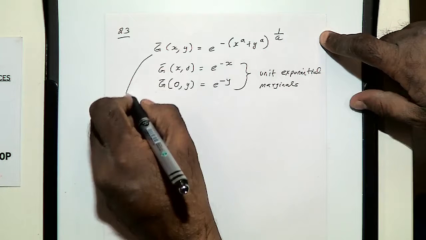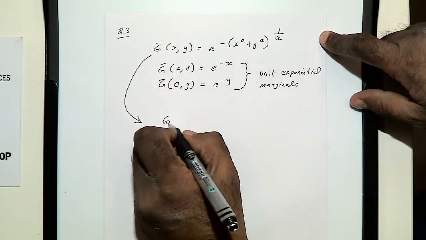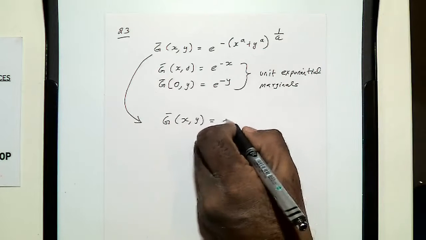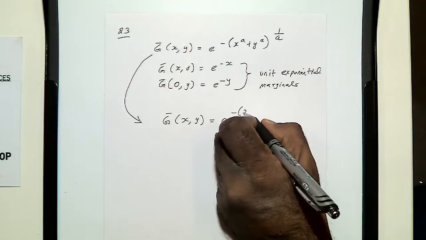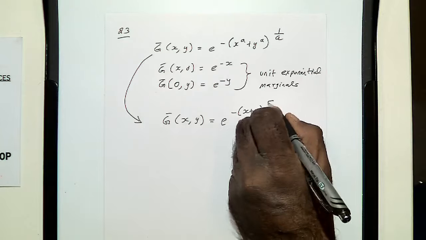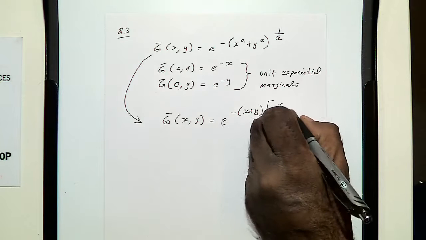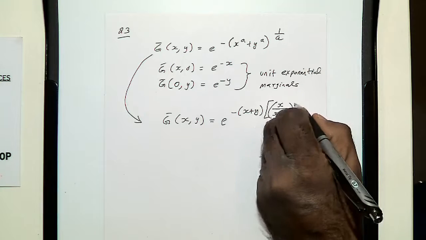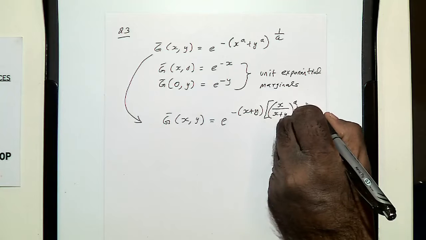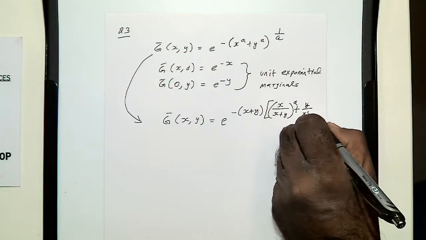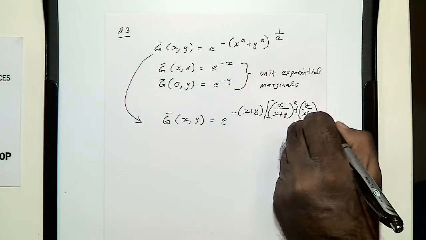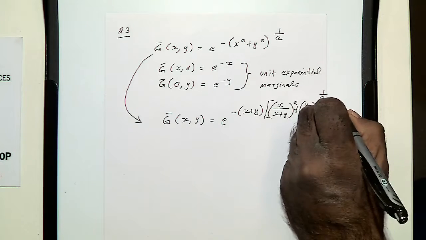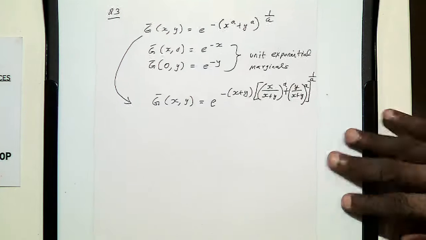Now this you can write as G bar of x, y times e of minus (x plus y), then in brackets you have this. You following me?